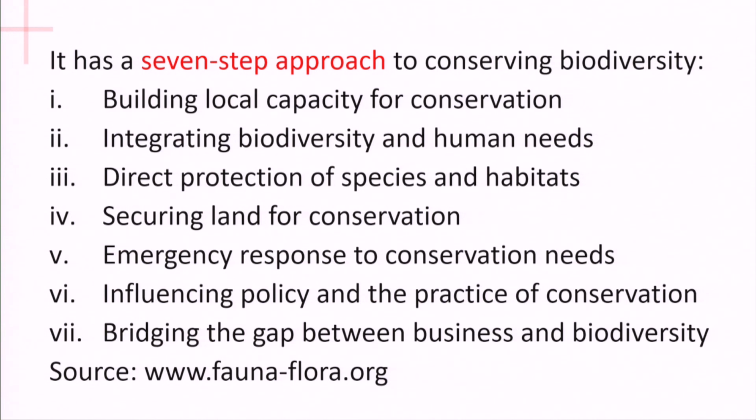So, it was almost like a parent organization which ensured that they take care of biodiversity, both the plant habitat and the animal habitat.